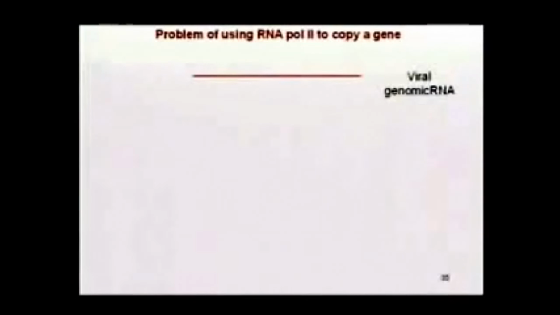So here again is the problem faced if you use this kind of lifestyle. Here's your RNA, genomic RNA, coming in to the infected cell, and you've got an RNA-dependent DNA polymerase, and all DNA polymerases need primers, and in the case of the retrovirus, that's a transfer RNA that the virus picked up in the previous cell that it infected.